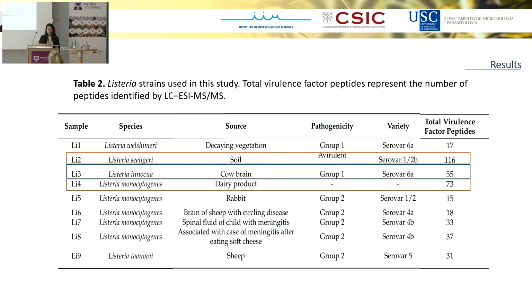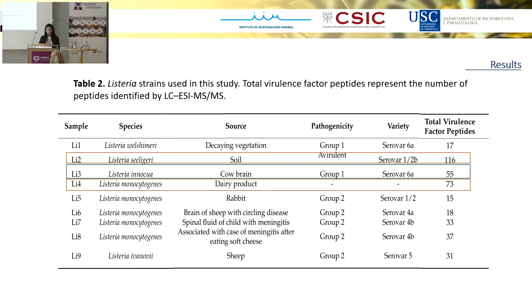In this table, we can see the total virulence factors for each strain that we analyzed. In the case of strain 2, that is a Listeria seeligeri species, we found 116 peptides, and in the case of strain 4, that is a Listeria monocytogenes species, we found 73 peptides. These were the strains with a higher number of peptides related to virulence factors, which suggests that they could be the most pathogenic strains.